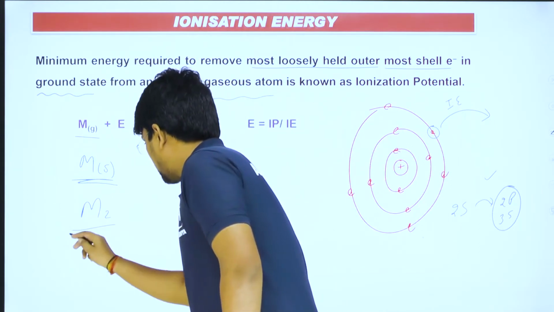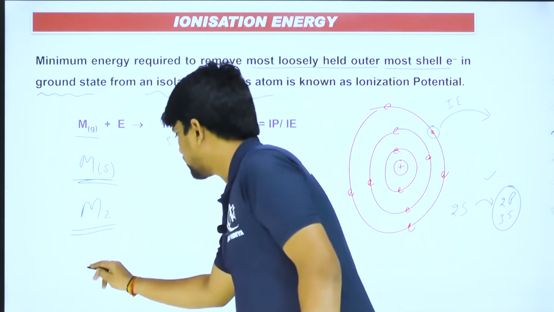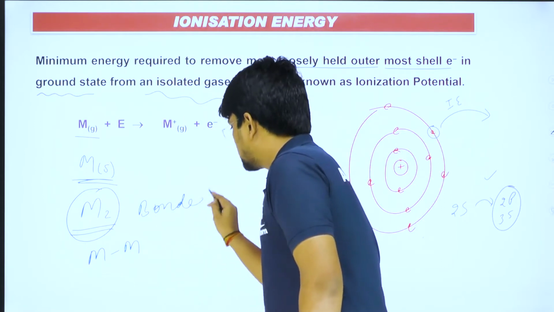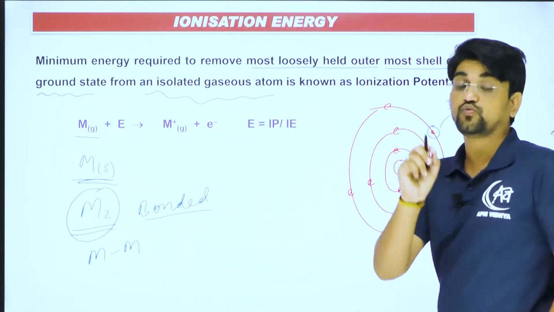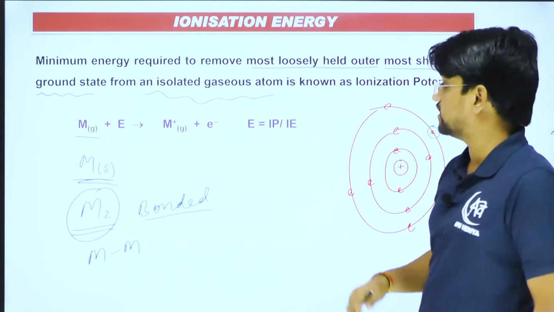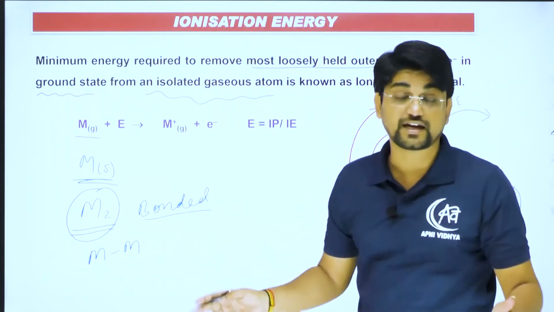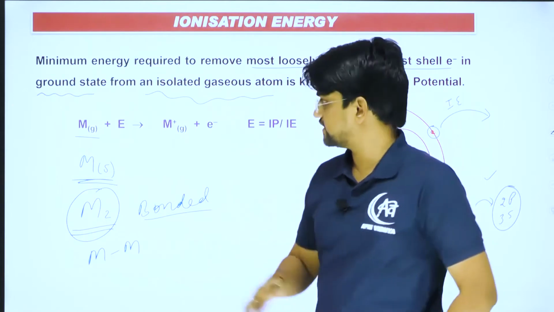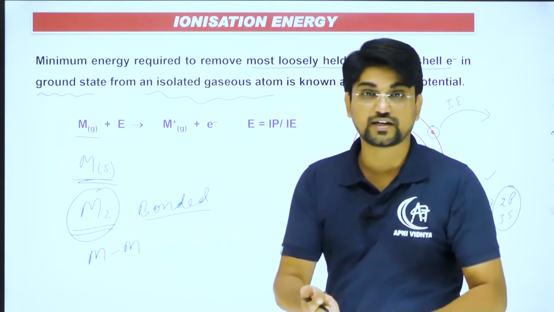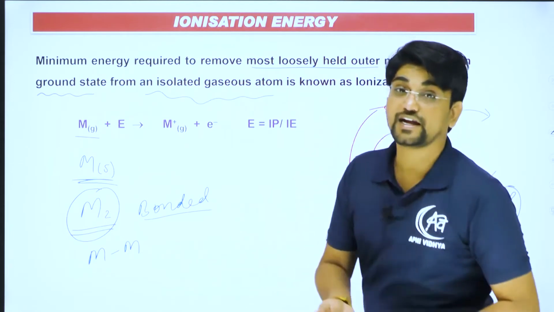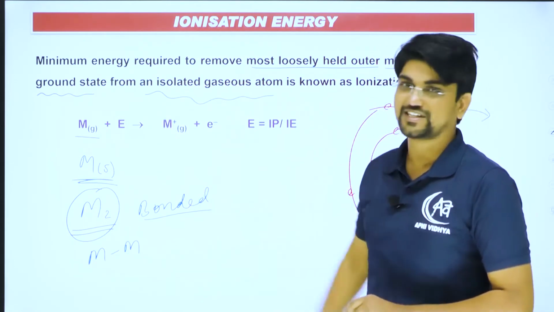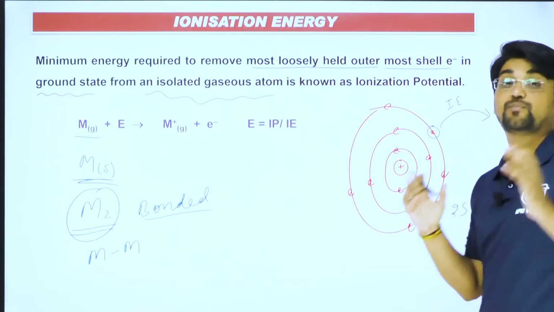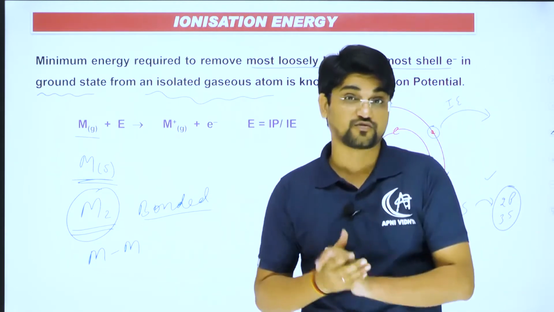This is a molecule bonded with N. This is a bonded condition, not isolated. Isolated means not bonded with any other atom and not bonded with another atom of itself. So the electron should be isolated, in the gaseous state, in the ground state, and the electron you are removing must be the outermost electron. I think the basic definition of ionization energy is clear.